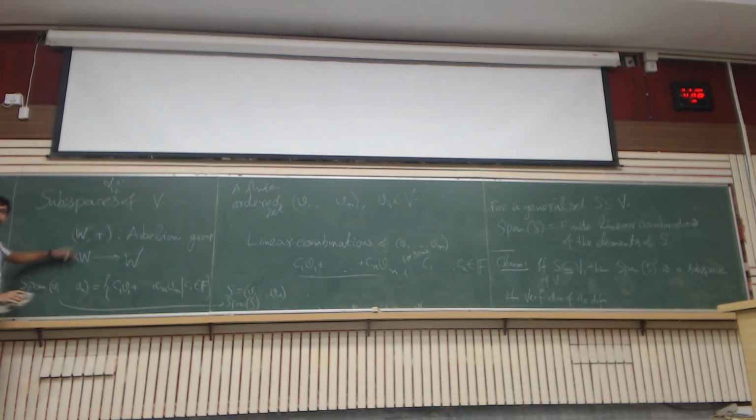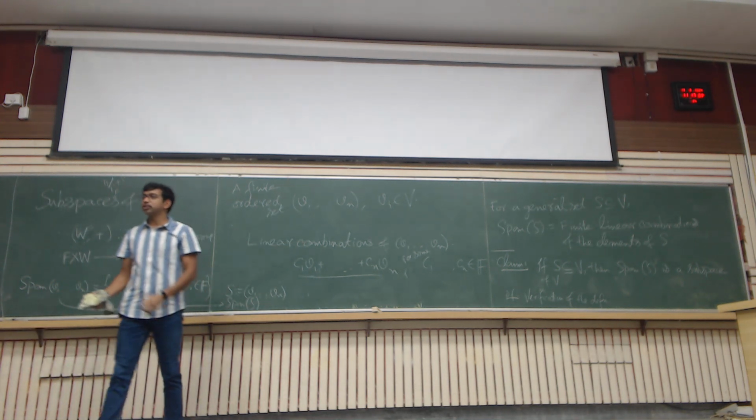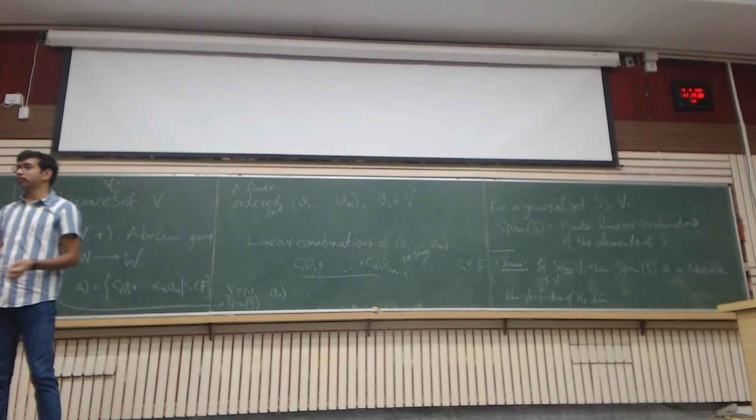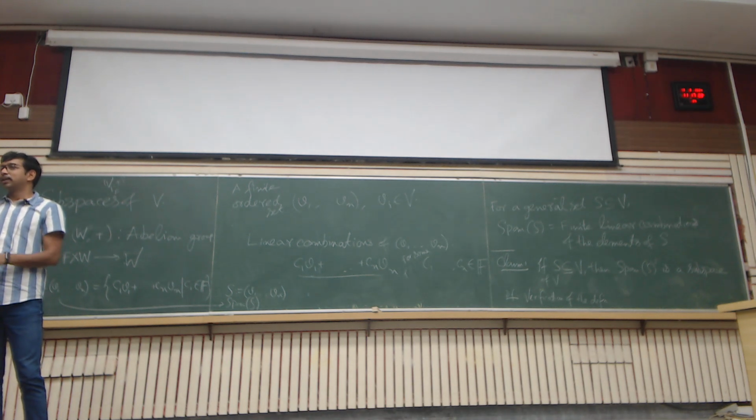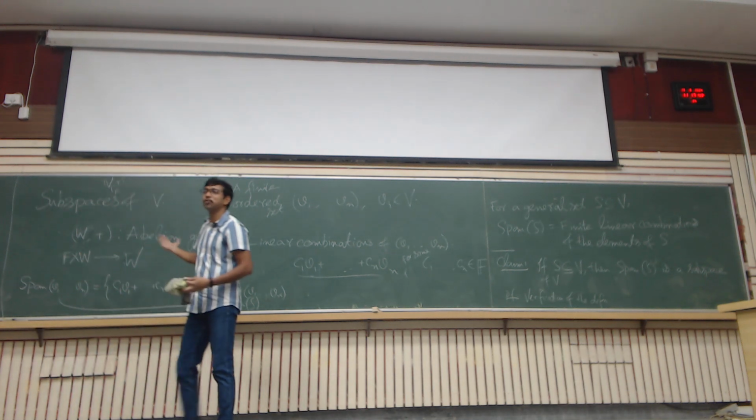So I'm just writing this definition out like here. This is not an ordered pair. Here we took S to be an ordered finite set, but there the definition is more general. We are taking any arbitrary set, with no other properties except it's a subset of it.